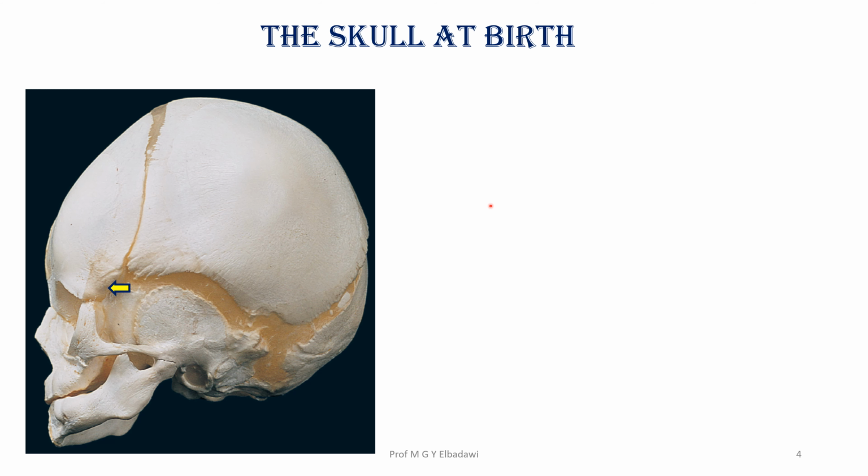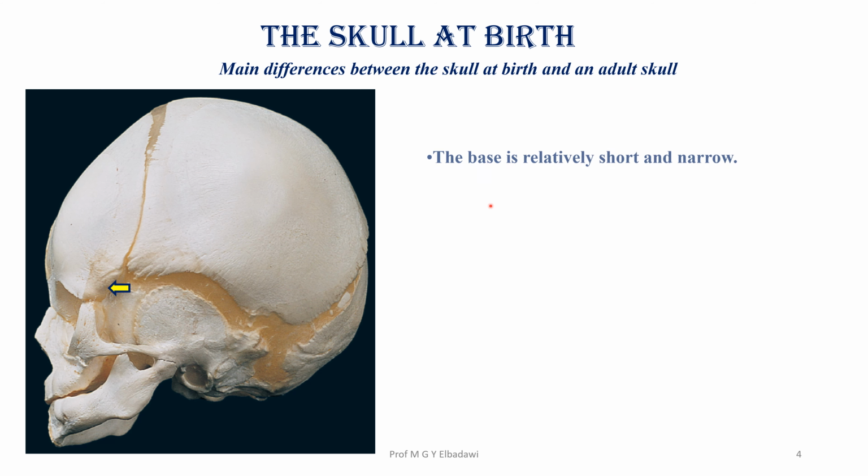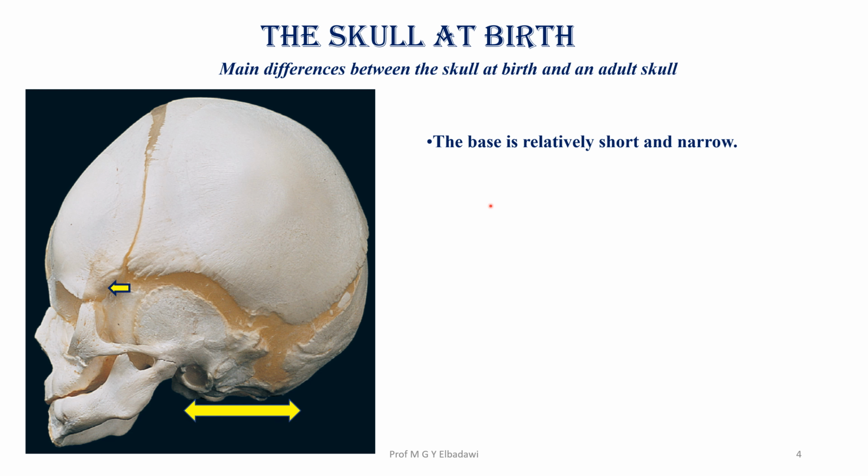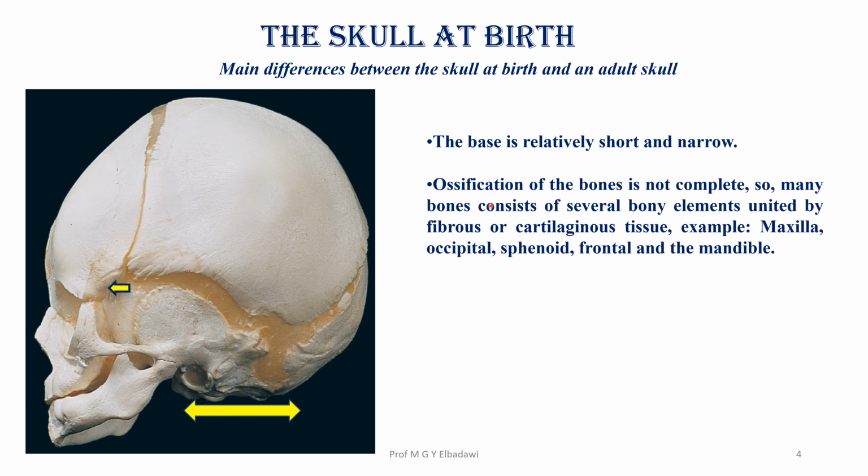The other differences are that the base is relatively short and narrow compared with the length of the base in the adult. Ossification of the bones is not complete.